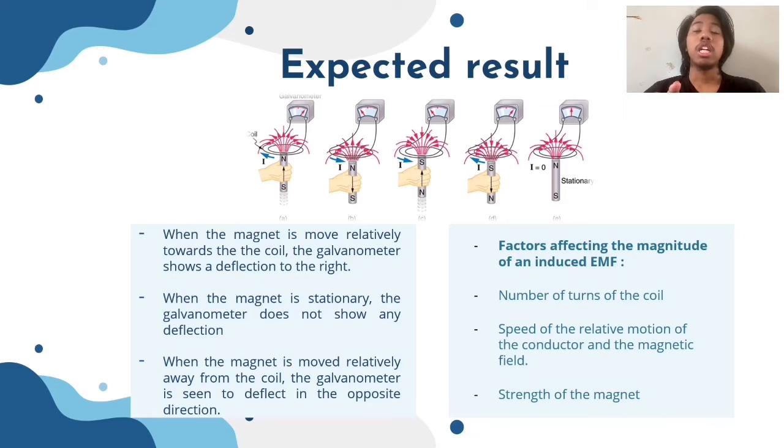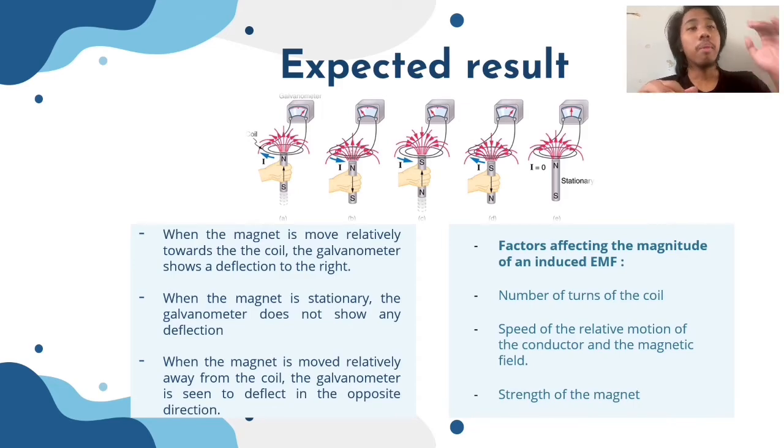As we know, a magnet and a coil of wire can produce electric current. When the magnet is moved relatively towards the coil, the galvanometer shows a deflection to the right. That means a voltage is produced when the magnet moves into a coil of wire. This process is called electromagnetic induction.